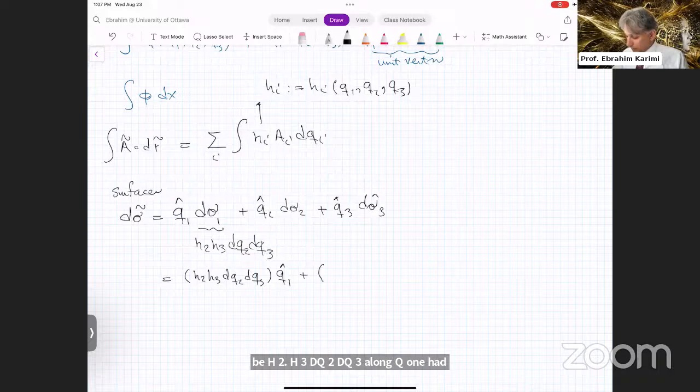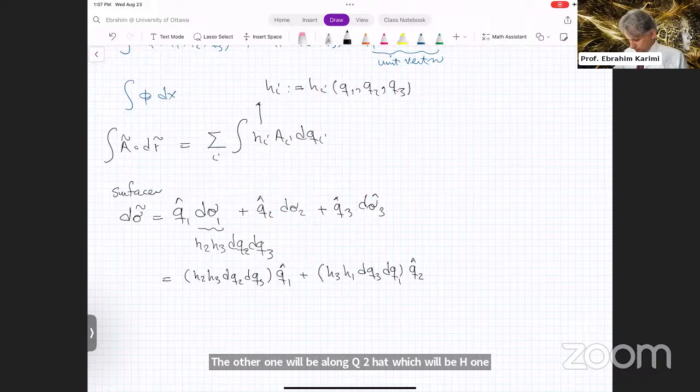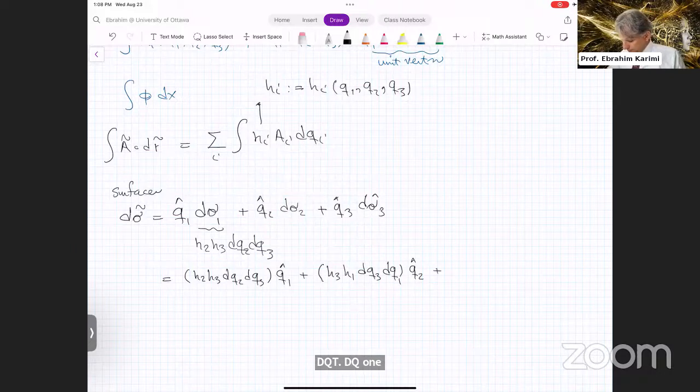The other one will be along q2 hat, which will be h3, h1, dq3, dq1, plus q3, h1, h2, dq1, dq2.